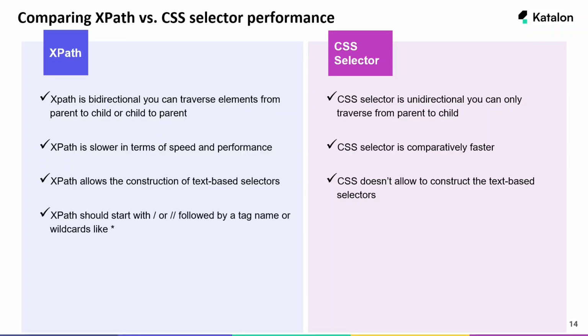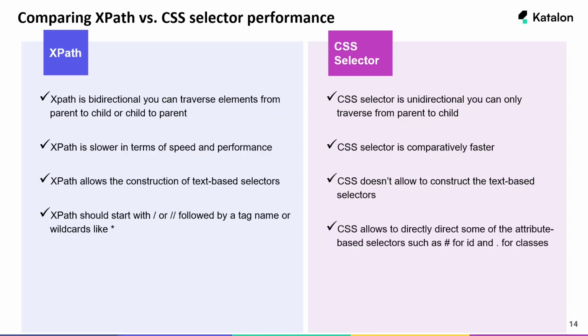XPath should start with a single slash or double slash followed by a tag name or wildcards like star, whereas CSS allows some direct attribute-based selectors such as hash for ID and dot for classes.